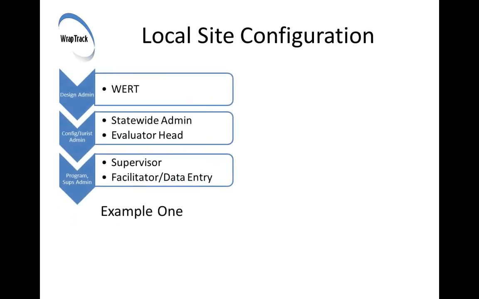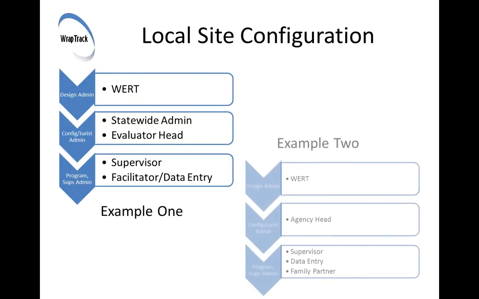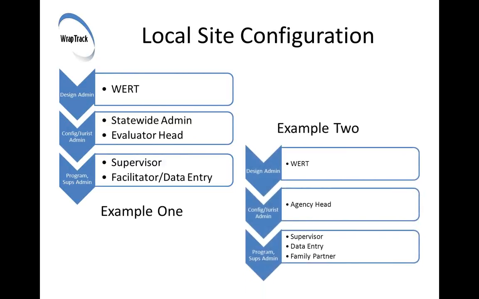So let's talk just a little bit about these possible examples that you could set up if you're interested in doing that. So if you wanted to tweak anything or make any adjustments, here are just 2 examples you can see of how people set things up. Obviously, again, April and I at Wirt are those design admins at the top. You can have evaluators as configuration or jurisdictional admins, the agency heads, a statewide administrator.